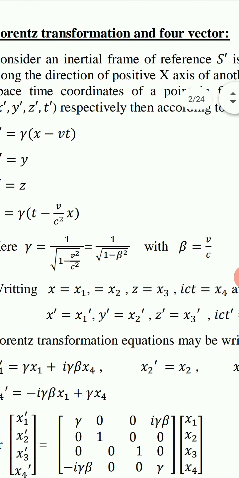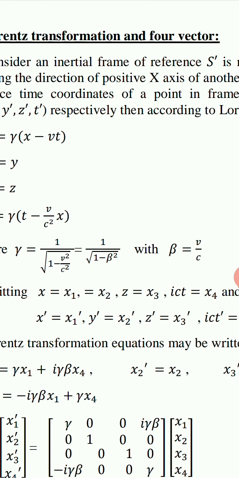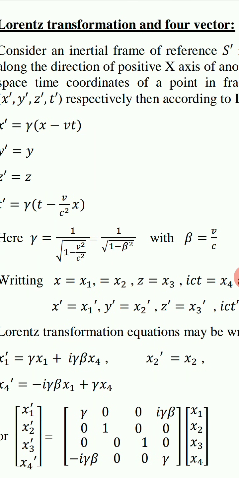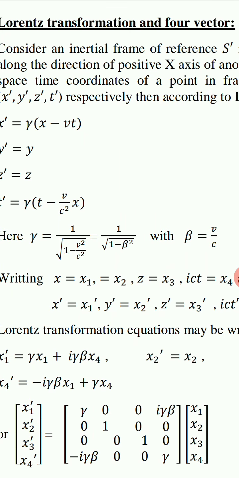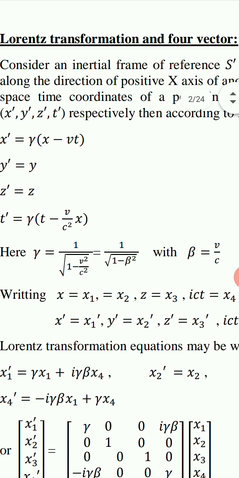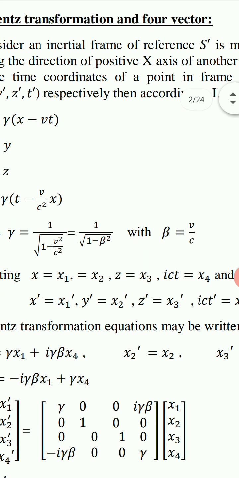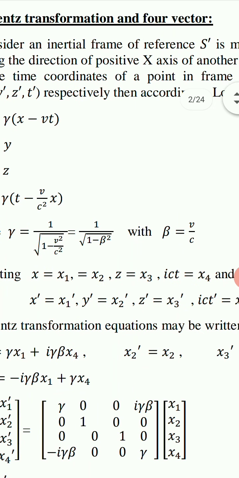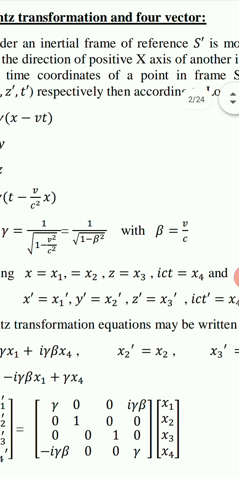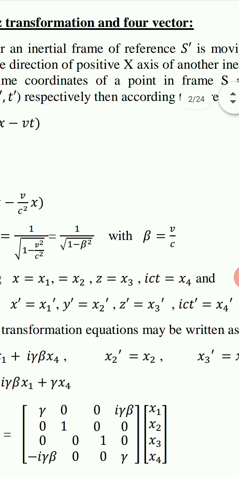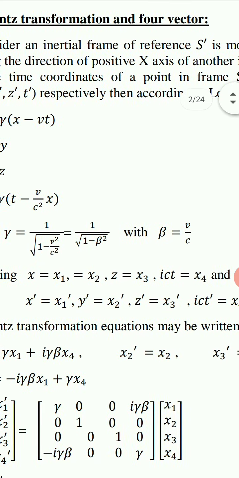Now we come to 4 vector. What is 4 vector? For this we write x equal to x1, y equal to x2, z equal to x3, and ict equal to x4.